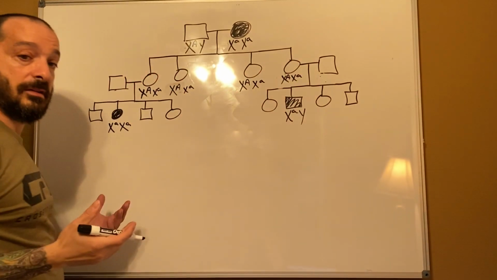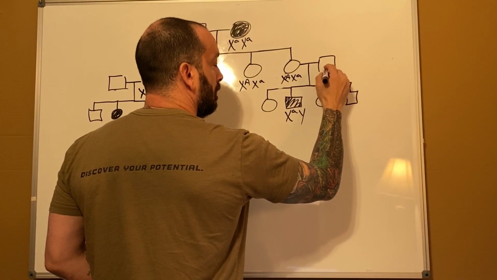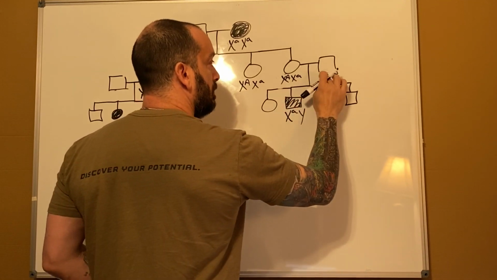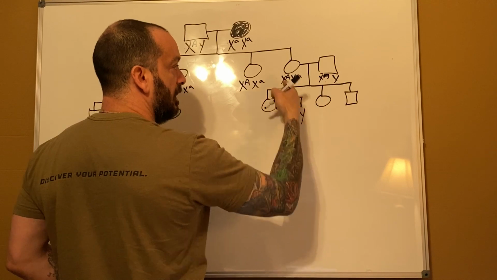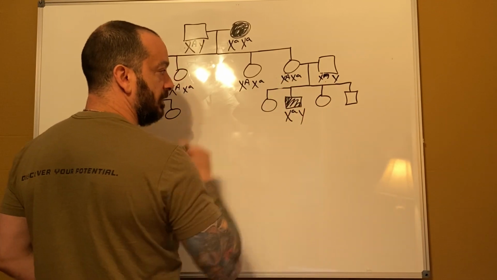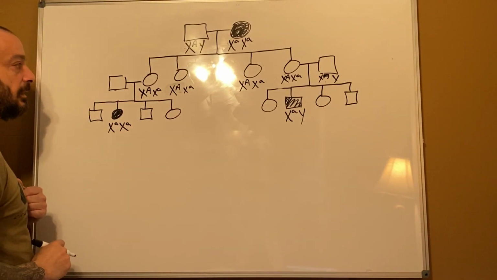So far it's working out, right? This guy, right, he is this, right? Or no, he's capital, right? He's that. So yeah, he gave his Y to his son. She gave the recessive to her son. Son has it, right?